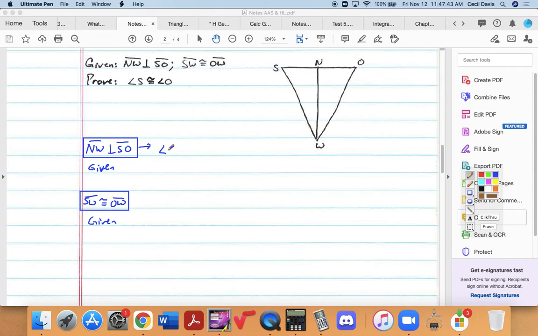So angle SNW and angle ONW are right angles. That's what the definition of perpendicular lines tells us. If you've got perpendicular lines, you have to have right angles.